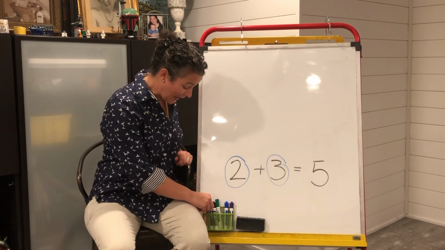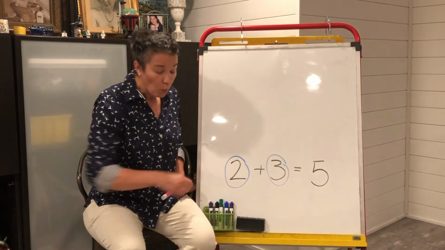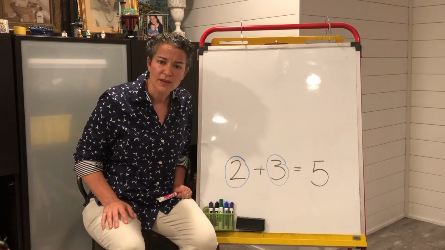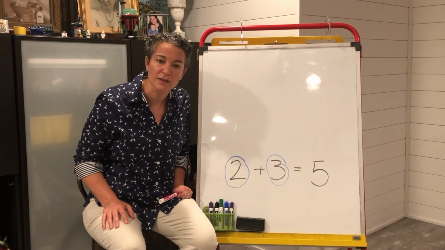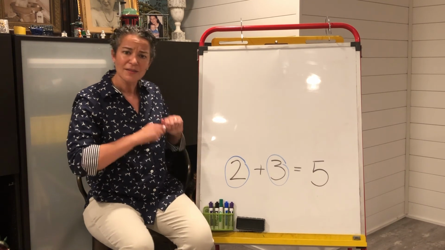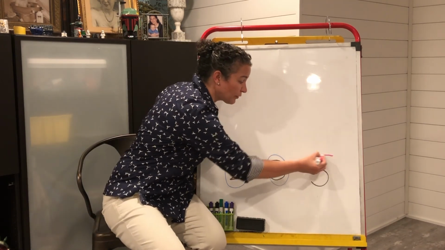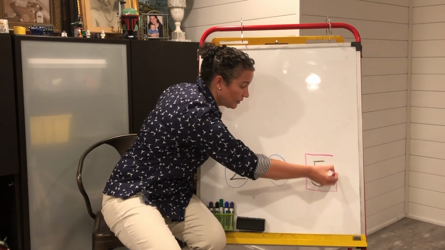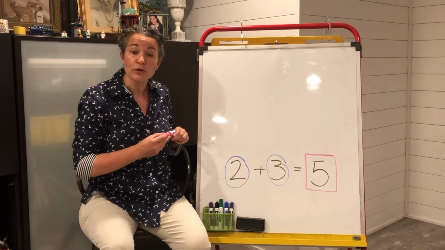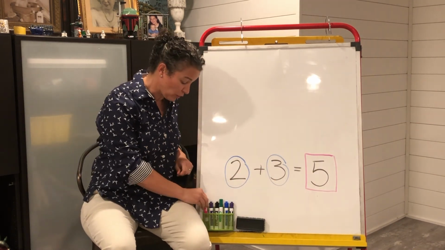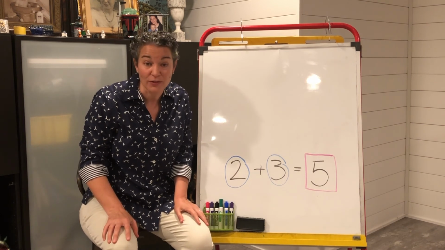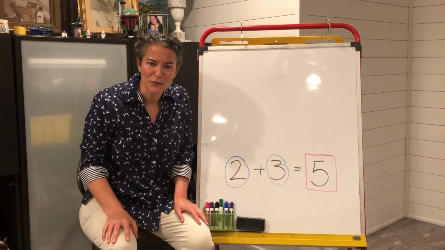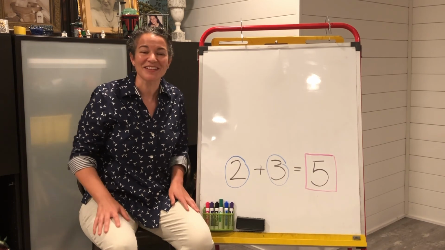So if the sum is an answer to an addition problem, which one of these numbers is the sum? 2 plus 3 equals 5. Which one number is the sum in this number sentence? Yeah, the sum is 5 because 2 plus 3 equals 5. So my friends, those are two words you've got to remember when we're doing addition. Add-ins are the numbers you're adding, and the sum is the answer. Are you feeling up to doing a few math problems? Fantastic. Let's get started.